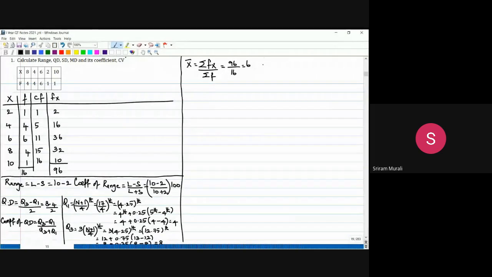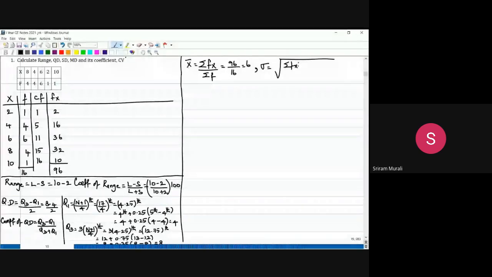Now I can find what is standard deviation. Standard deviation is the square root of sigma fx square by n minus sigma fx by n the whole square. This is acting as n. So already we found what is arithmetic mean. You want to find f into x square.